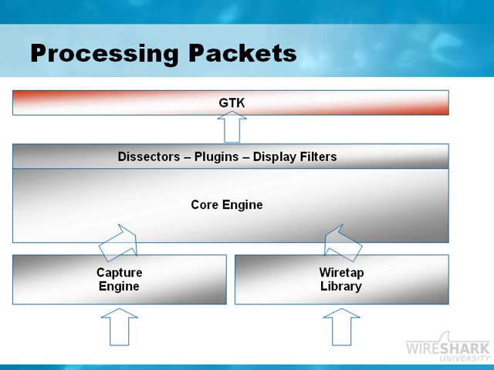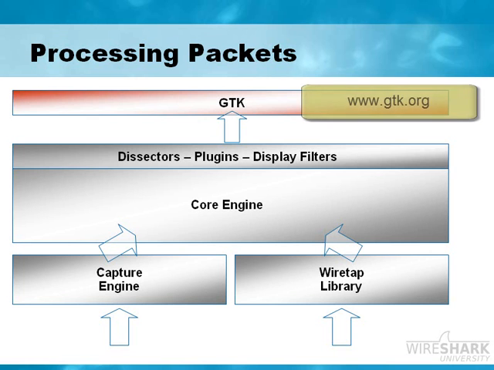Wireshark uses GTK, which is the GIMP toolkit, and that is a multi-platform toolkit for providing that interface. GTK offers a complete set of widgets for developing a GUI interface for all sorts of projects. You can find more information about GTK online at www.gtk.org.